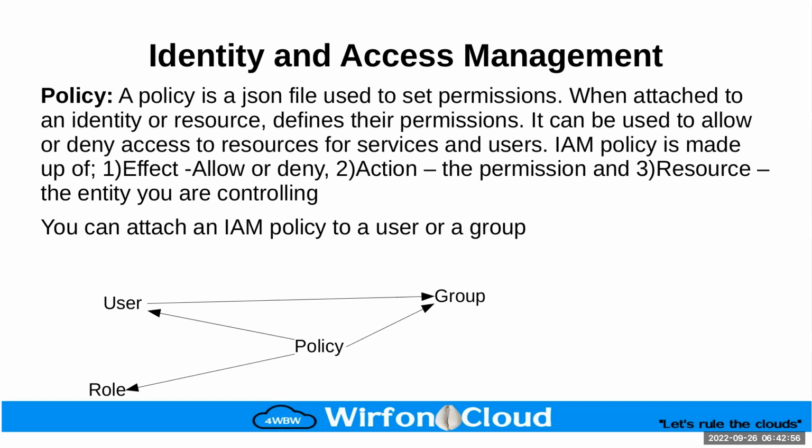It's just sitting there to be assumed. And once any entity assumes that role, it will then receive the permissions that are applied to that role. So think of the policy as sitting in the middle, and you can apply it to a user, to a group, or to a role. And this is just a reminder that users can always belong to a group.